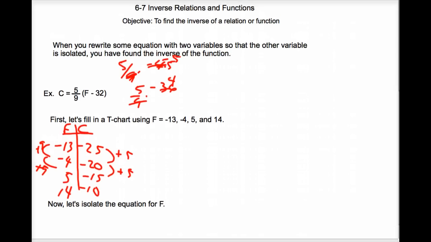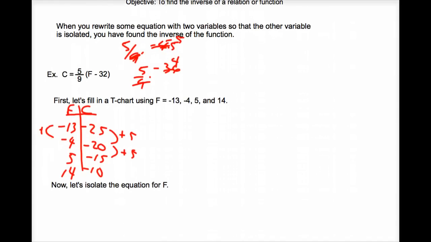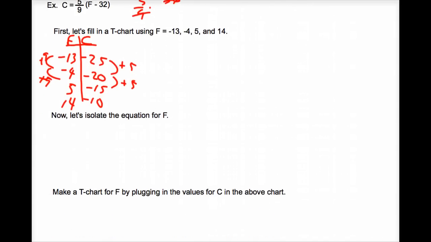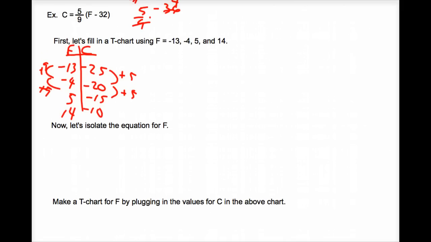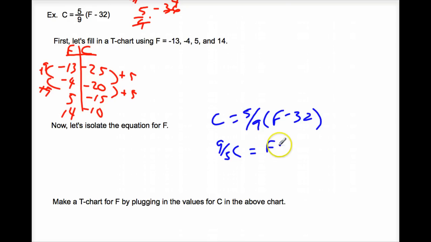So right now what I'm going to do is rewrite this so that F is alone. I'm going to start off with my equation of C equals 5/9 times F minus 32. To get the F alone, the quickest way is to multiply by 9/5 and then add 32.